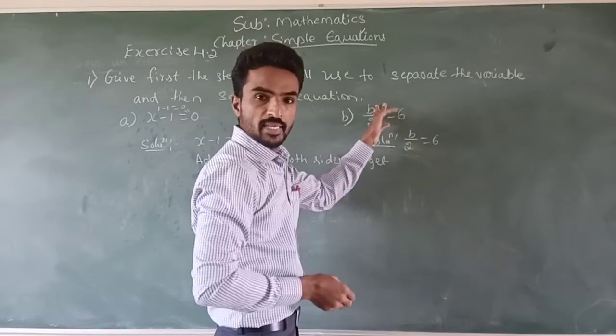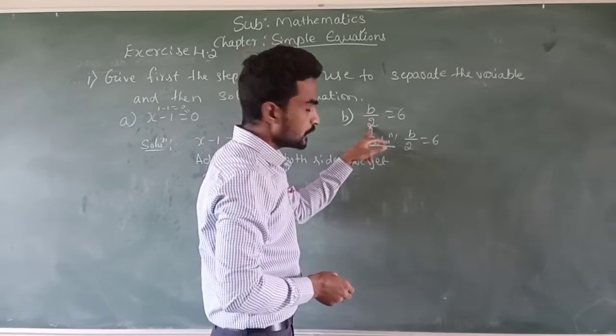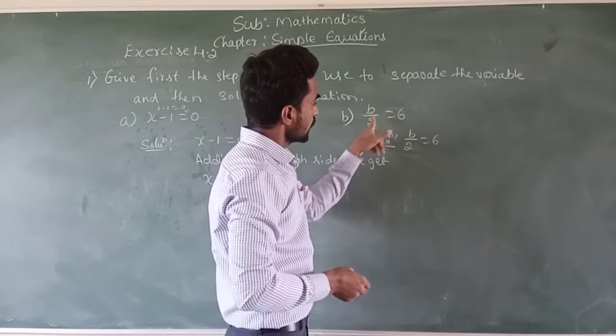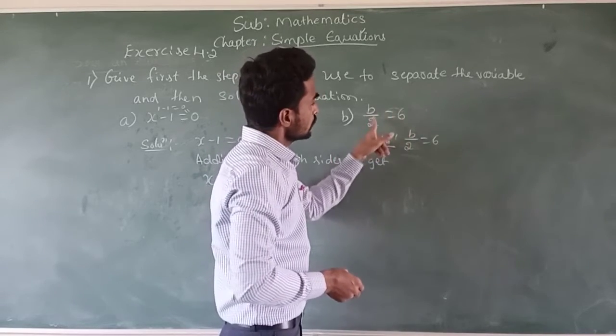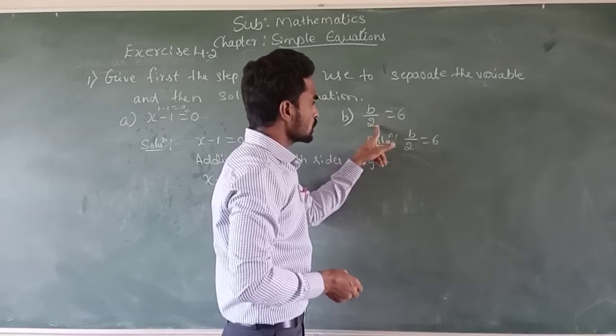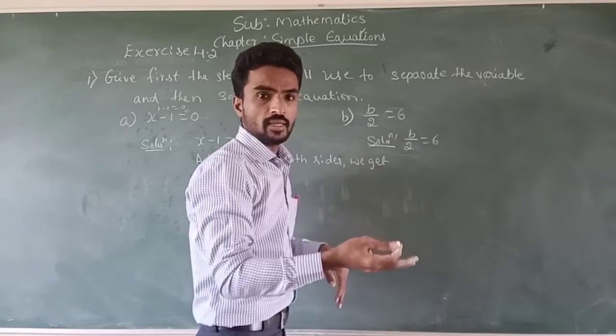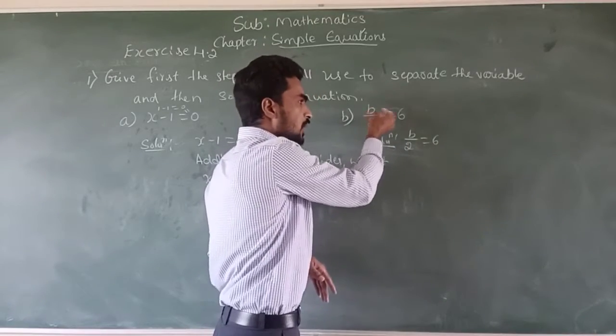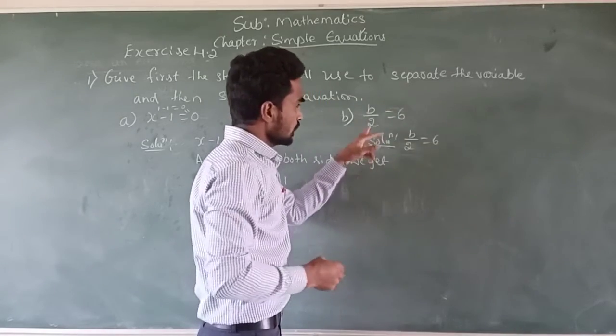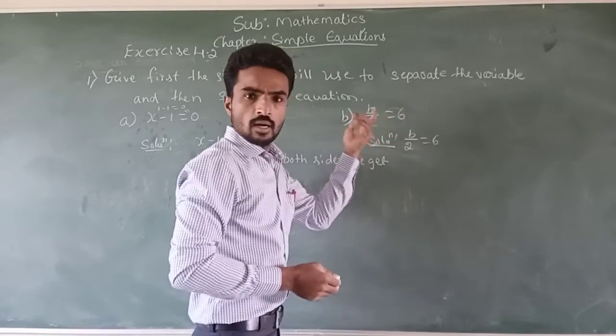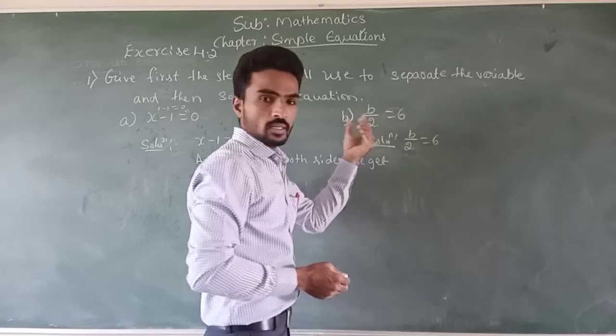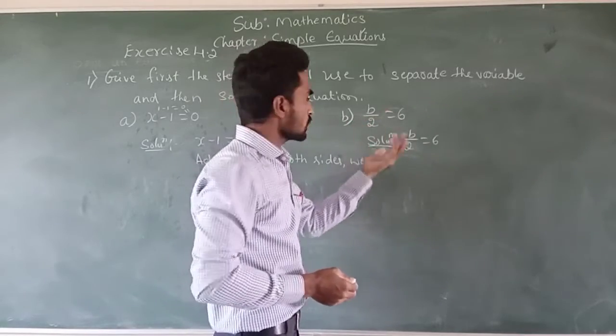Here this b is divided by 2, and therefore we can cancel out this 2 by multiplying by 2 on both the sides, because division and multiplication are the reciprocal process.